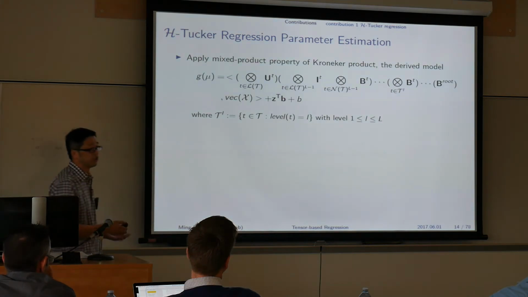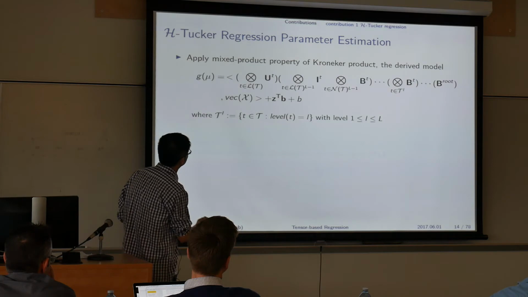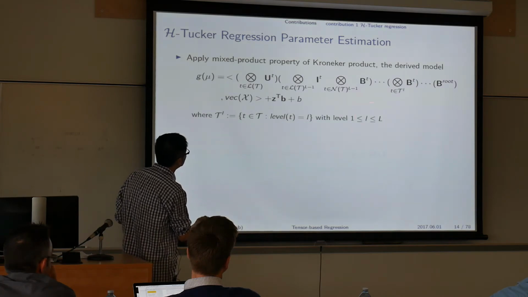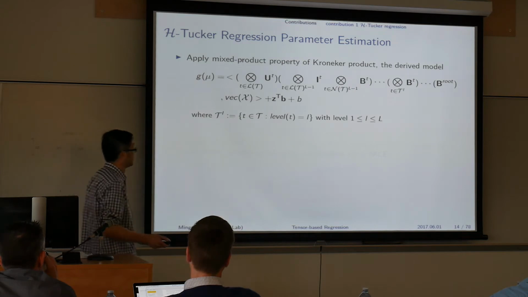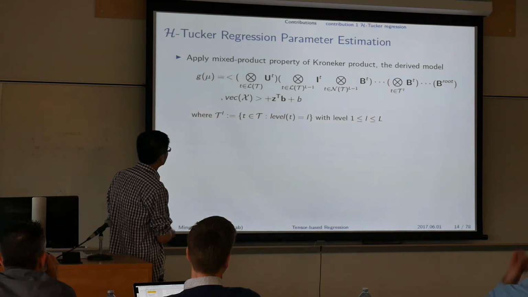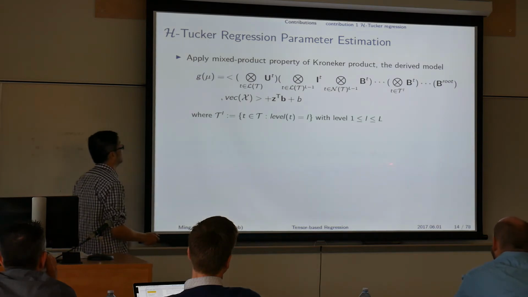And after a series of mathematical derivations, our model finally reached this. And here l, small l, is just the level of the tree. Big L refers to the leaf level, and T_l is the set of nodes having distance l to the root.